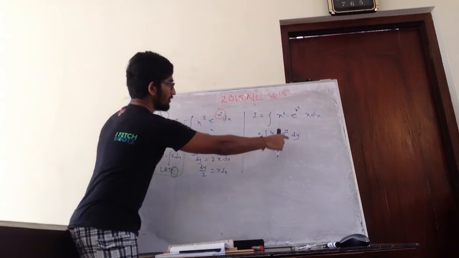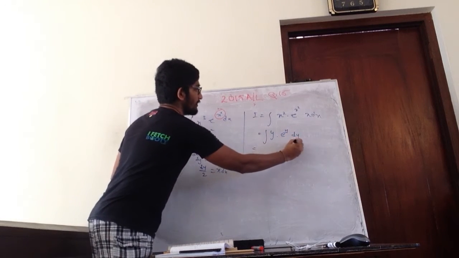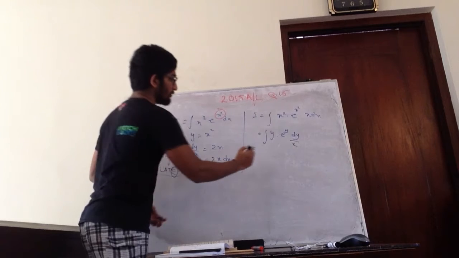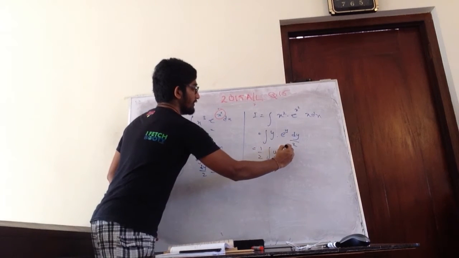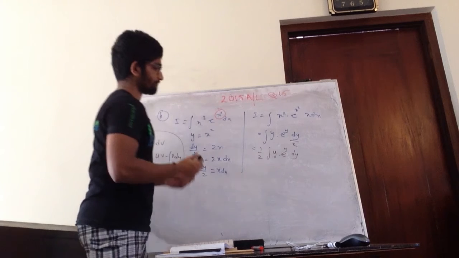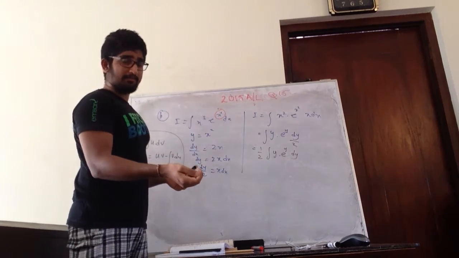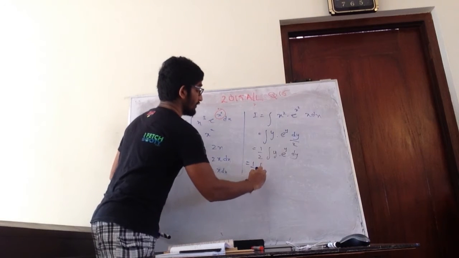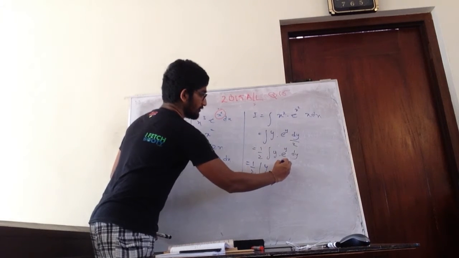So dx is equal to dy over 2. So there's a half here. Correct? So I'm going to take the half out: half of the integral of y e to the y dy. So let's use integration by parts now.